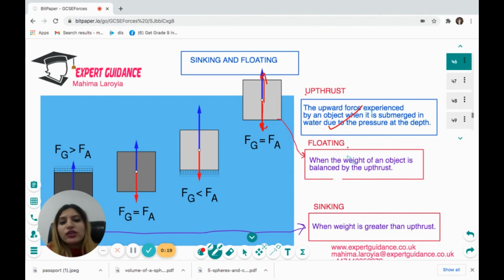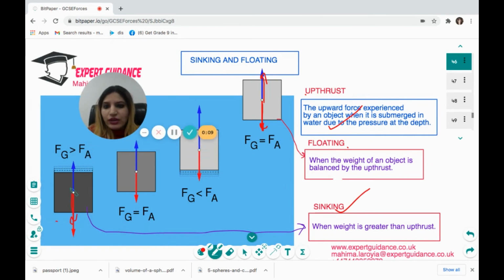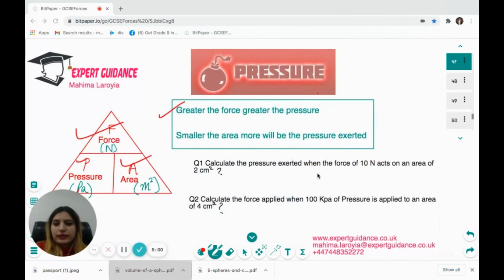Floating is when the weight of an object is balanced by the upthrust, and sinking is when the weight is greater than the upthrust. So in this case here, the weight is more than the upthrust, the body is sinking. Here it is floating because upthrust and weight are balanced, and here the upthrust is more, so the upward force is more.